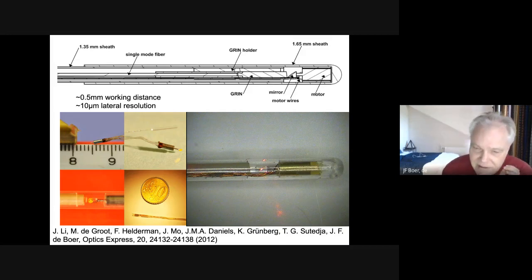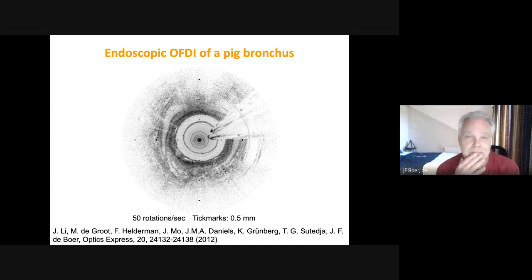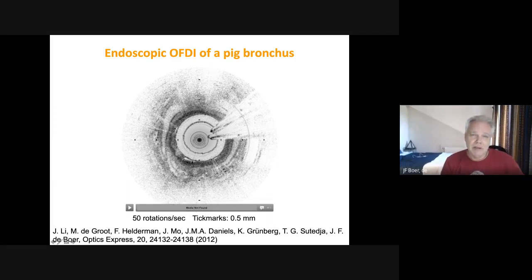It doesn't. Media not found. Okay, forget it. This is work that we did in our own group. This is an endoscopic OFDI of the airway of a pig.